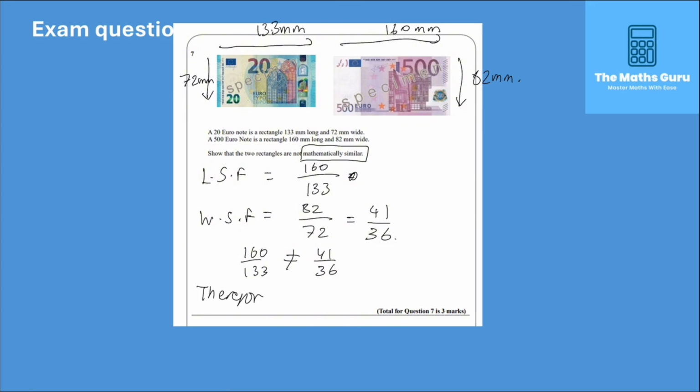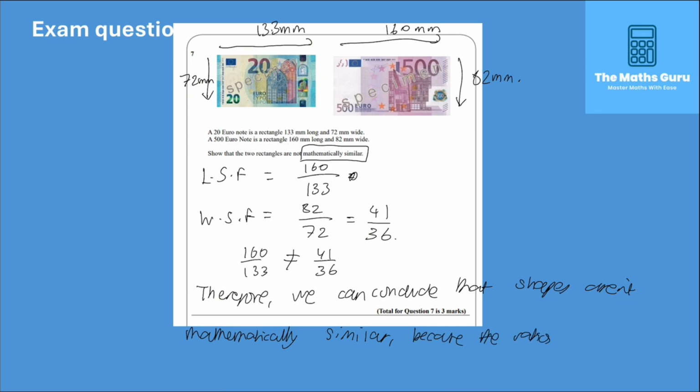Therefore, we can conclude that the shapes are not mathematically similar because the ratios are not equal for length and width.